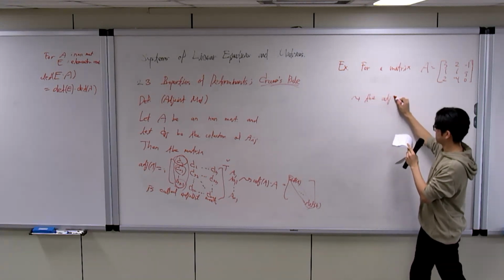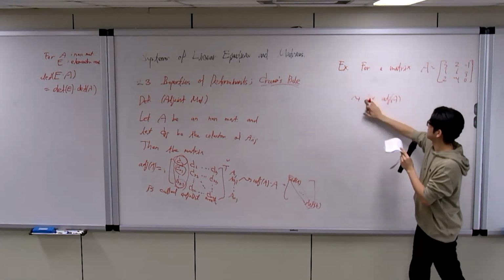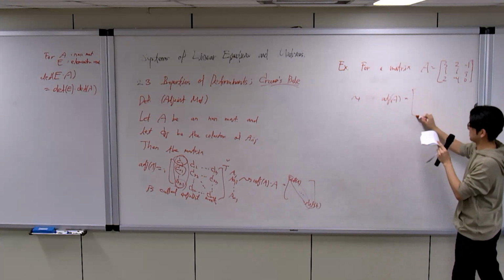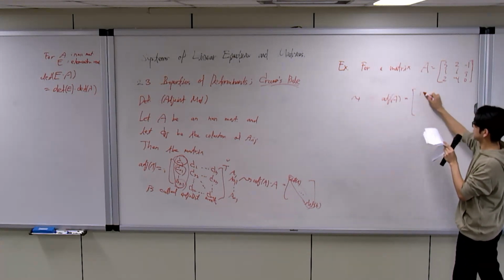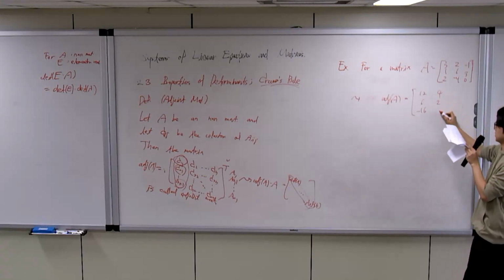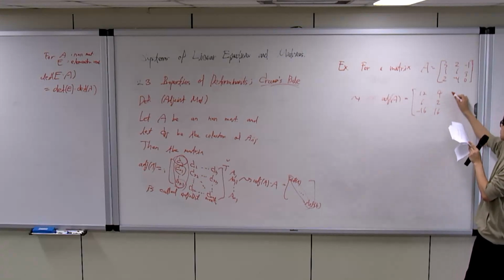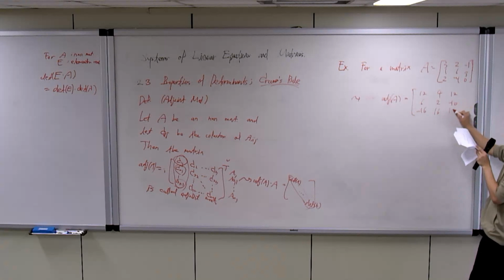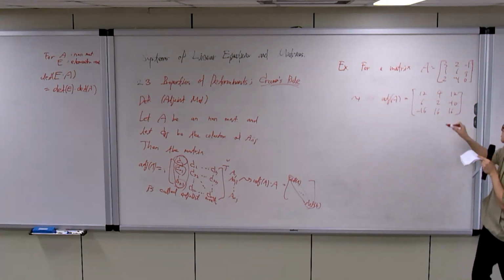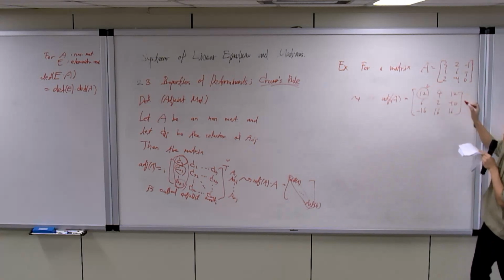The adjoint matrix of A will be 12, 6, minus 16, 4, 2, 16, 12, minus 10, 16. And I will find the first entry.